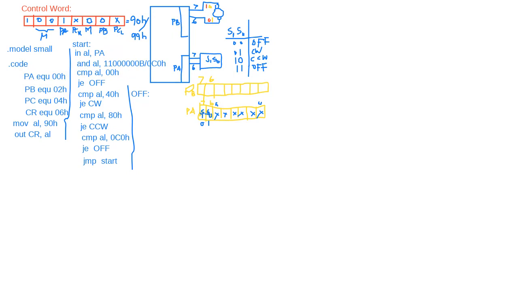How to make it off? The motor is between bits 6 and 7 of port B. So if we send 00H and out to port B, the motor is connected to port B. So OUT PB comma AL, that means it is off. Okay, and then JMP, jump start again. It will do this continuously, it has to continuously check the switch condition.